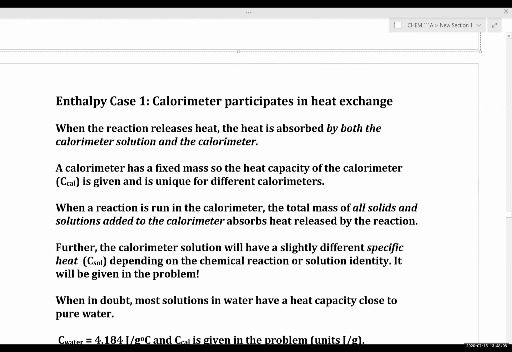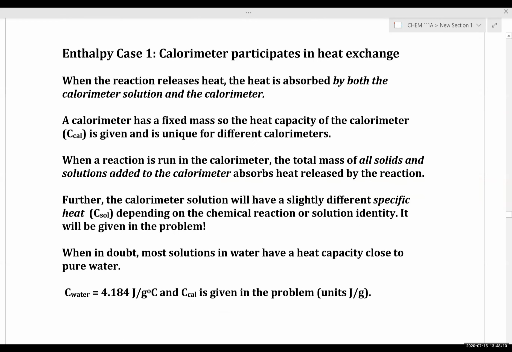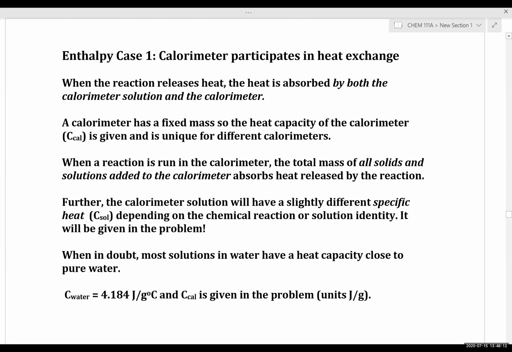Okay, so just like our constant volume calorimetry, there are a few different cases for calorimetry under constant pressure. In case one, the calorimeter will participate in heat exchange. Just like before, when the reaction releases heat, the heat is absorbed by both the calorimeter solution and the calorimeter.